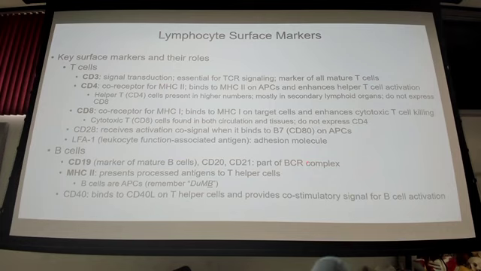Part of that B cell receptor complex is CD19, CD20, and CD21 all together. But CD19 is the one we use as a marker for mature B cells. And you also have another surface marker called CD40, which provides a co-stimulatory signal for B cells binding with T cells.